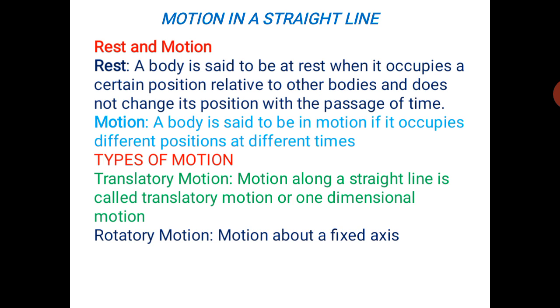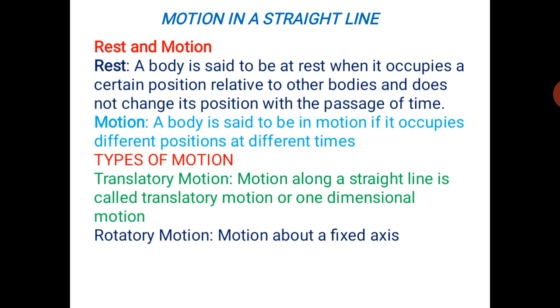You can take one example of this rotatory motion. See, when the object is in a circular path, that fixed point is called the center, and the particle is, we can say, rotating.